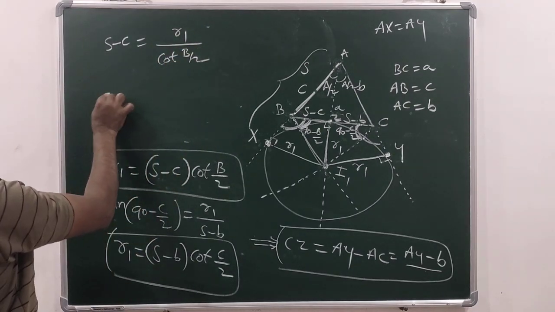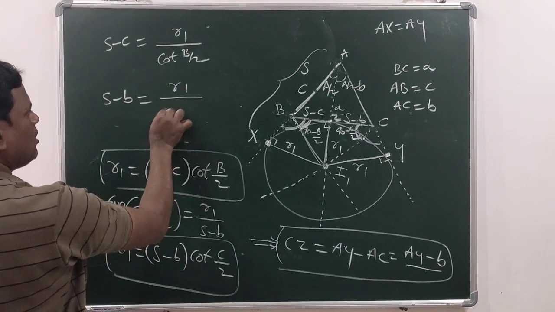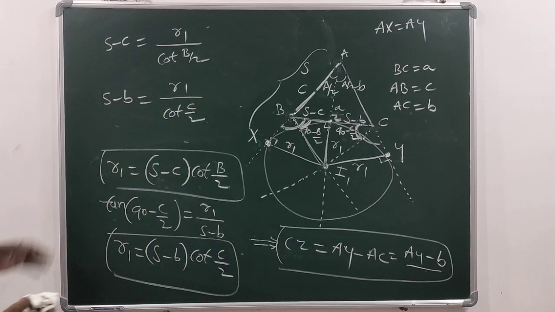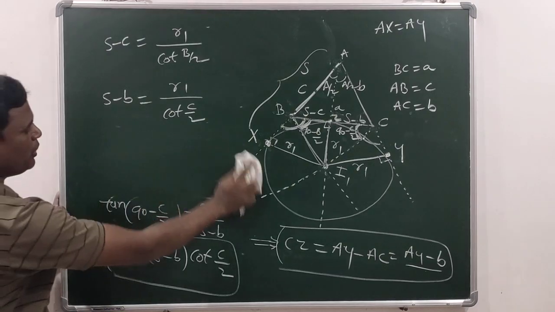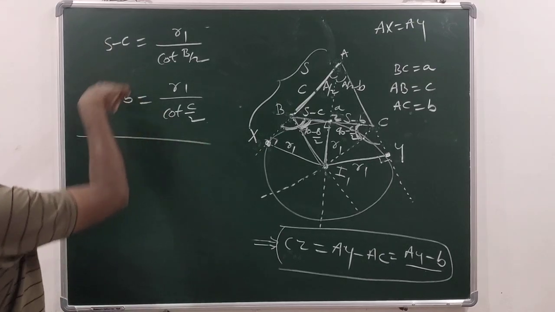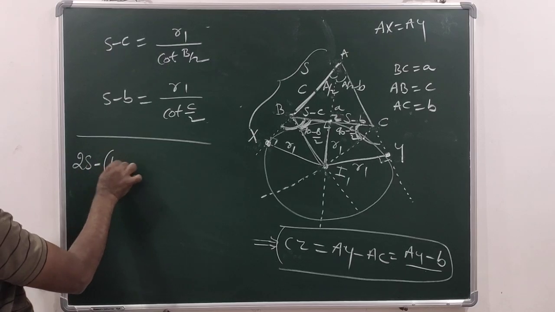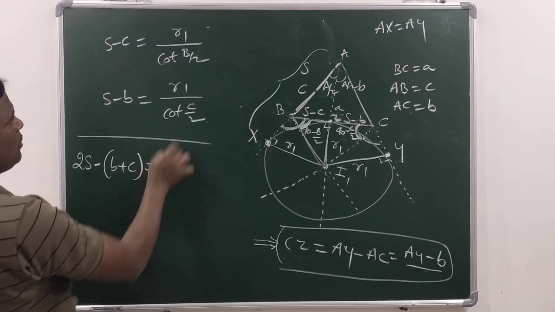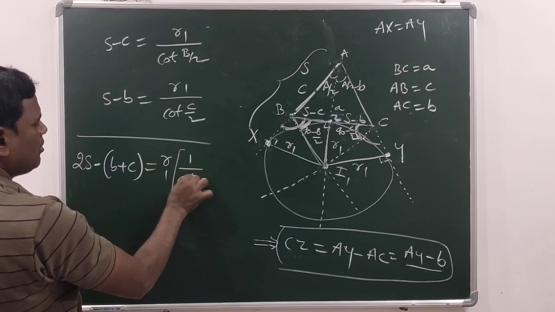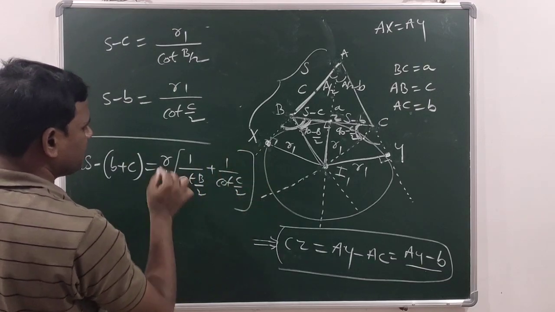Now here S minus B, R1 by cot C by 2. Now add both of them, and adding both of them, what are we going to get? So here add both of them on either side. So here S plus S, 2S minus B plus C. Now which is equal to, take R1 common from both of them. So here 1 by cot B by 2 plus 1 by cot C by 2 you will get.